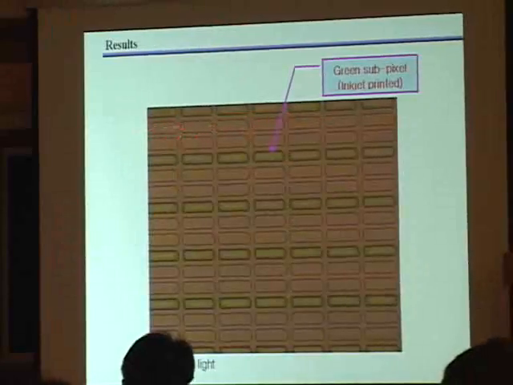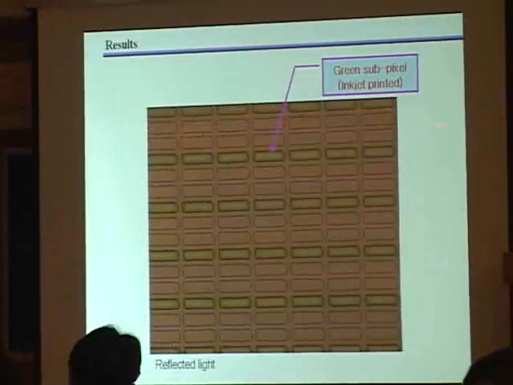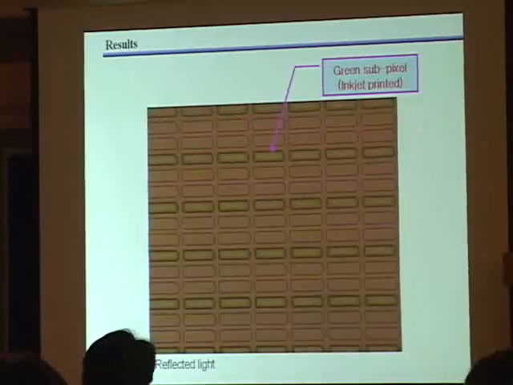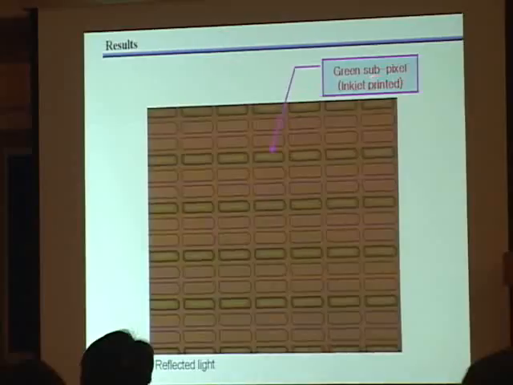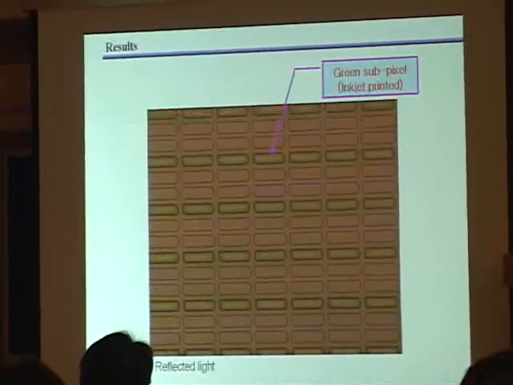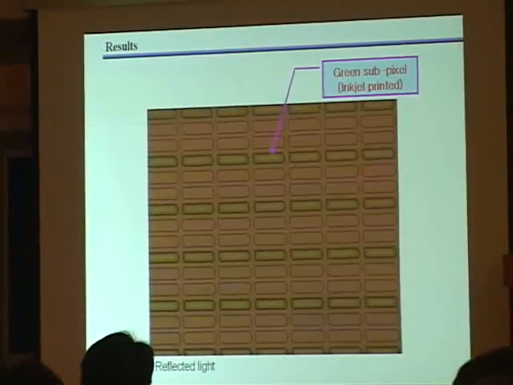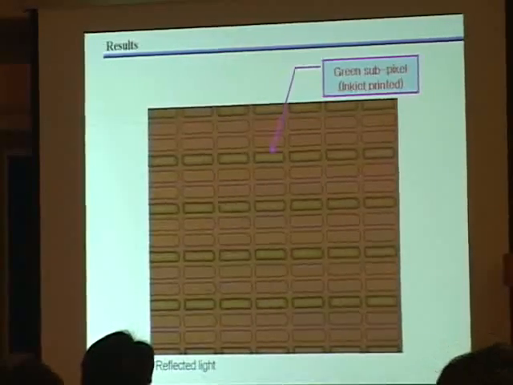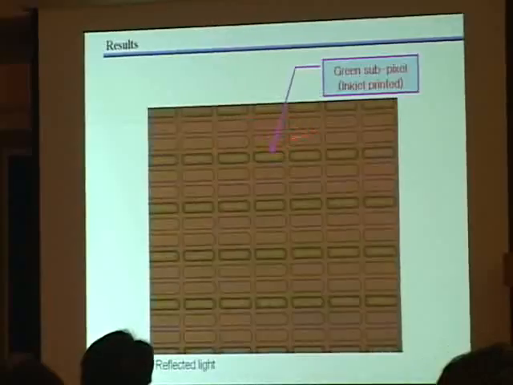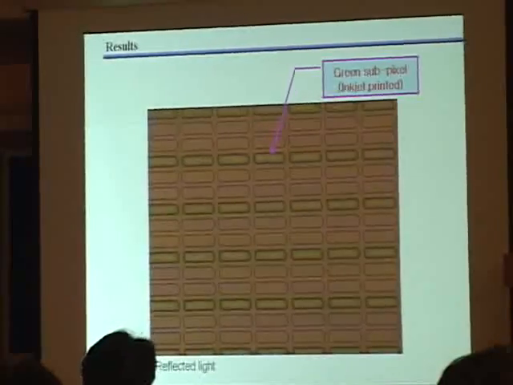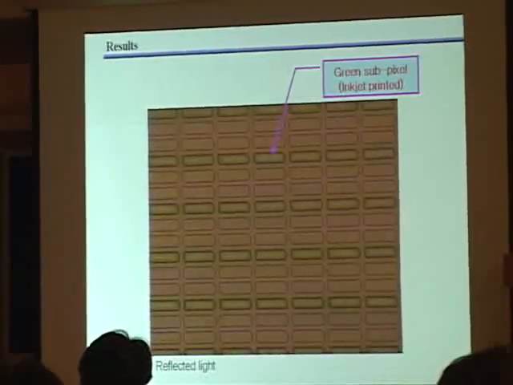Basically, we used UV curable resin here. The pattern was okay, and then we deposited a green color filter using inkjet printing. I think we still have a long way to go, but the printing of the other two colors would be basically the same.